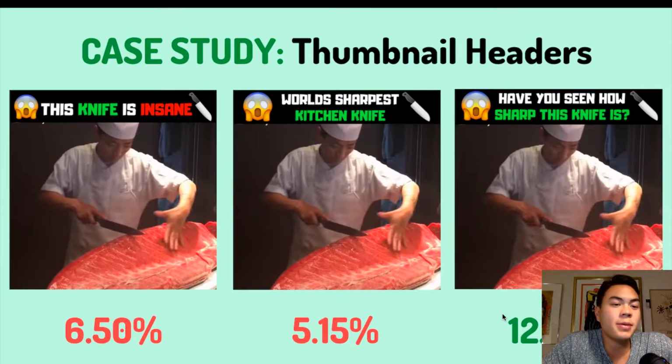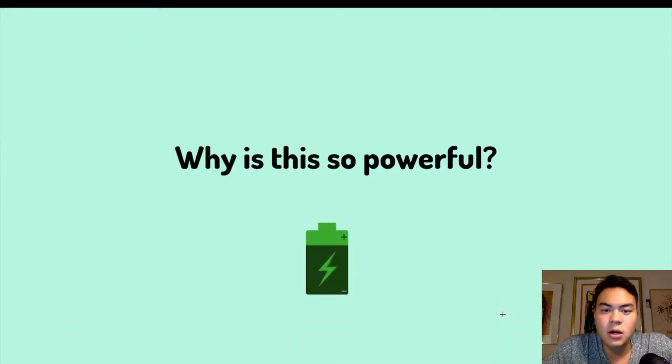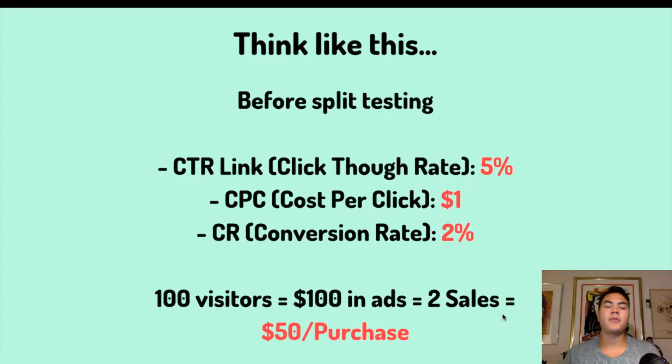So you're maybe thinking, why is this even so cool? Sure, you increase your click-through rate by 6%, but how is that going to matter for me and my cost per purchase? Well, think of something like this, before split testing. This can be a real scenario here.